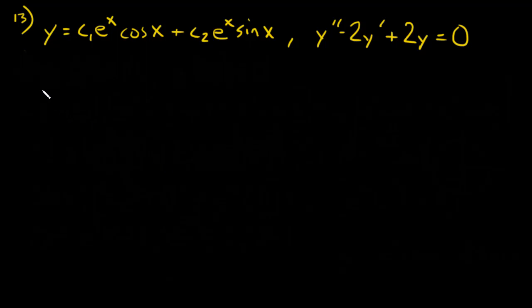Alright, and for D, we have, let's see, boundary conditions are y at 0, new condition is 0, and y at pi is 0. Okay?